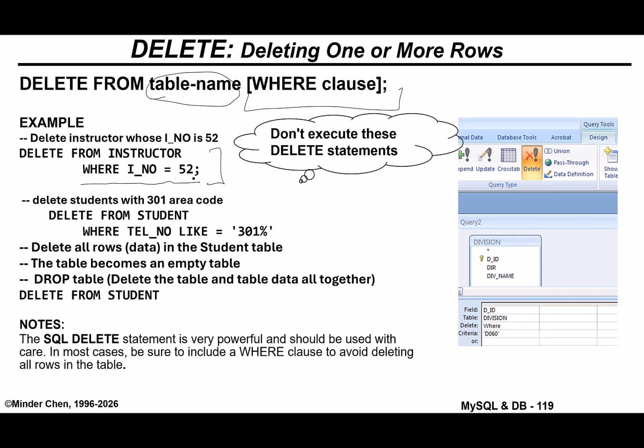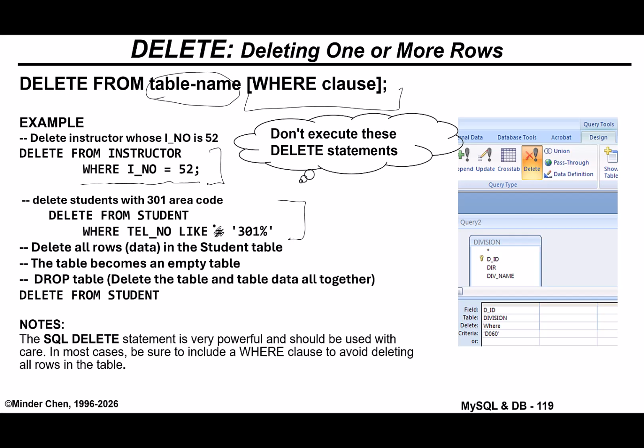This is the one that we use the like. Hold on a second. That shouldn't have the equal statement. Delete from student where telephone number, we store it as a string, like '301%', which means the telephone numbers start with 301, and which means we're deleting all the students from this area code for whatever reason.